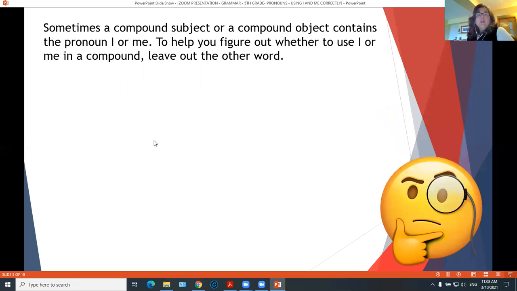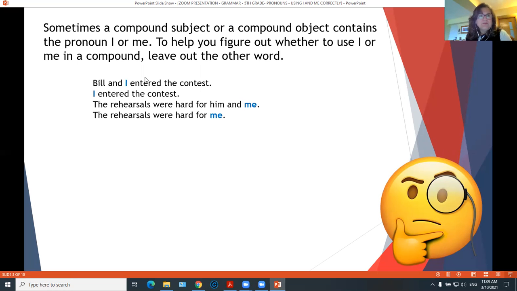So, also, sometimes a compound subject or a compound object contains the pronoun I or me. To help you figure out whether to use I or me in a compound subject or compound object, we can imagine that we're leaving out the other subject or the other word in the compound and see how it should be structured.